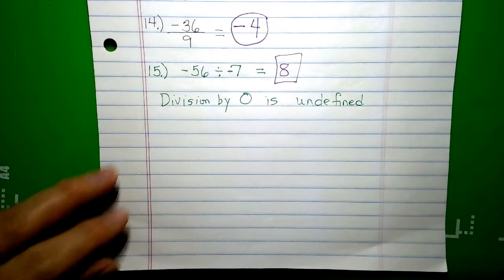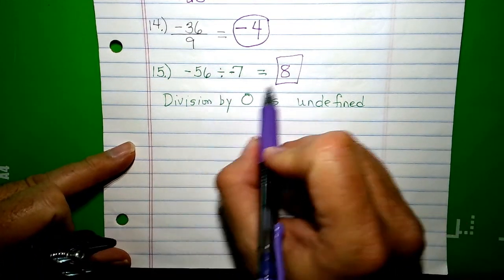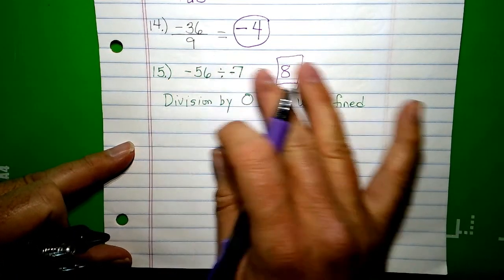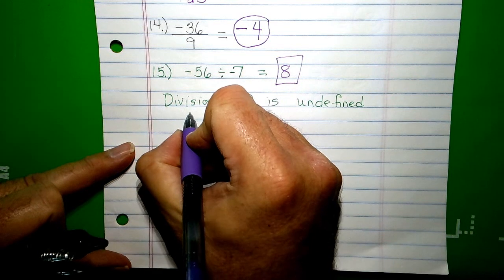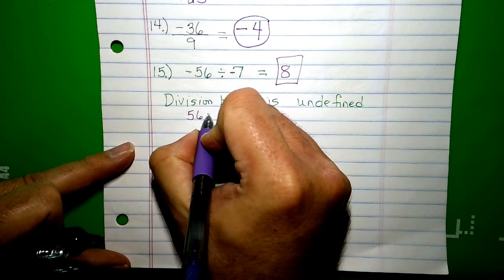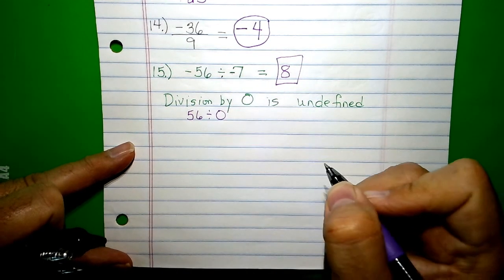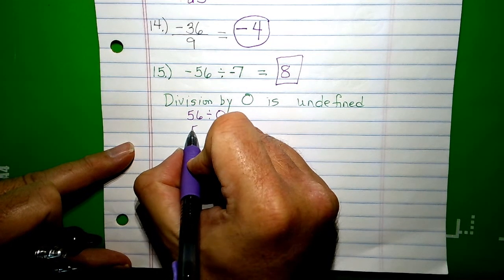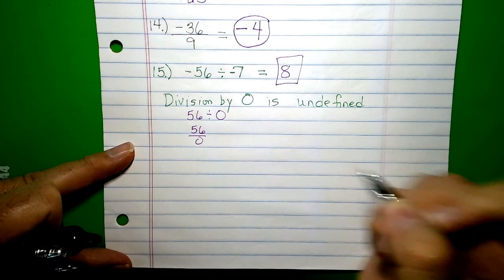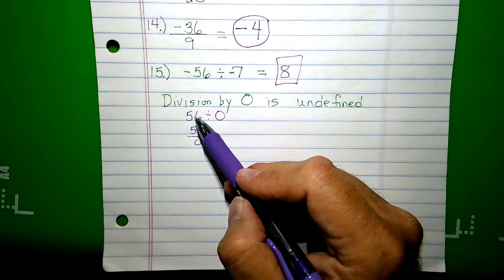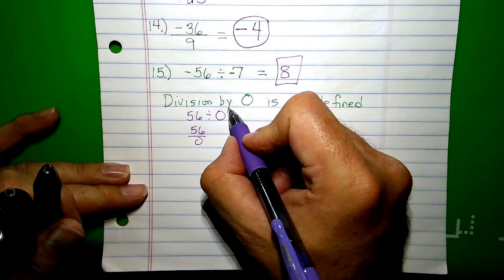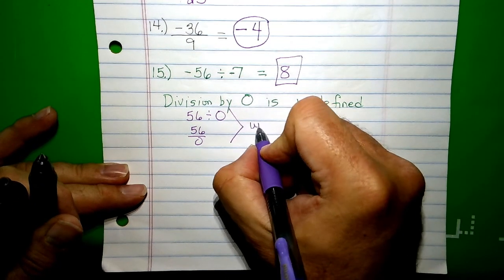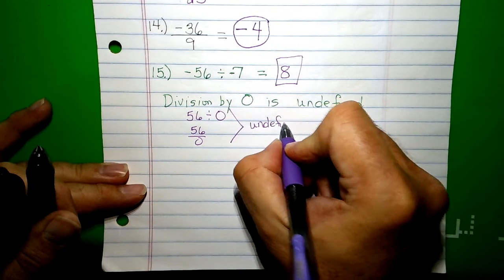What do I mean by that? Well, if you have a division problem, it doesn't even need to involve negative numbers. Something like this, 56 divided by 0. Or if it were written as a fraction, 56 over 0. If you have a number over 0, that answer will be undefined.